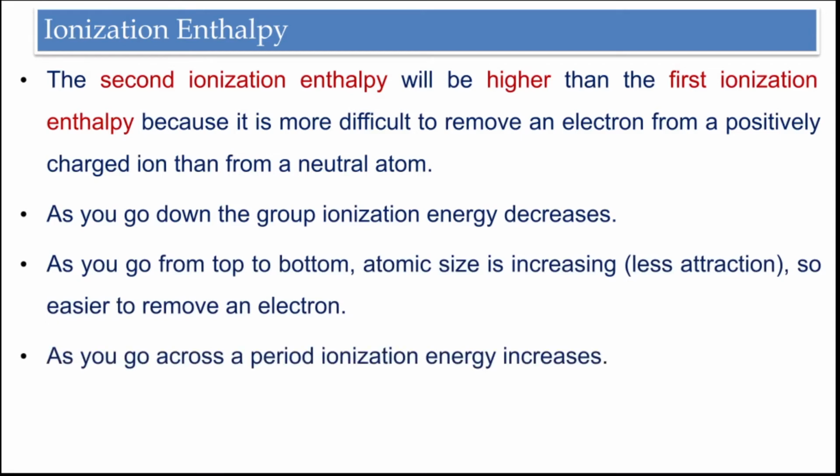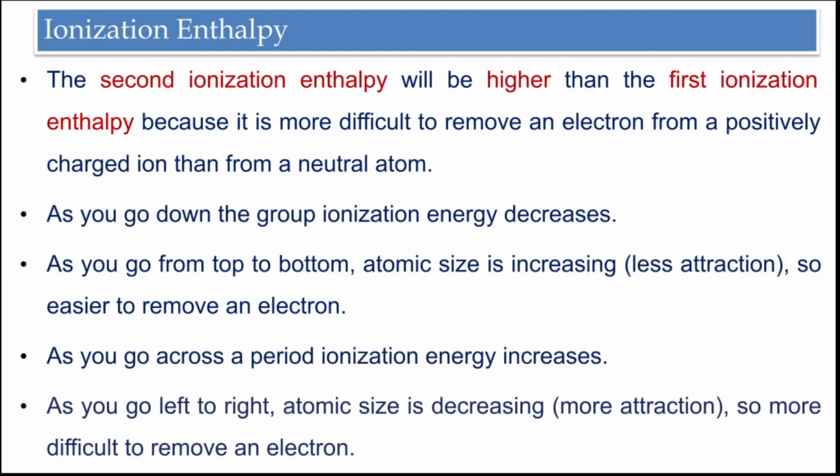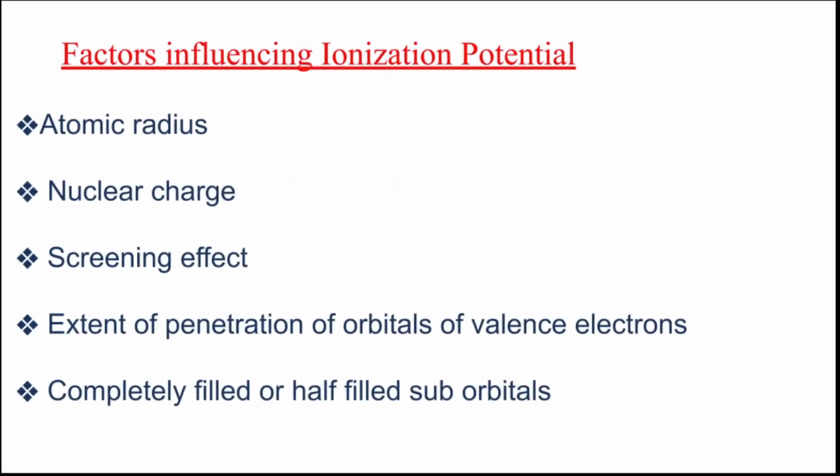As you go across the period, ionization energy increases. As you go left to right, atomic size is decreasing because of more attraction, so it is more difficult to remove an electron. So ionization energy will increase in a period. Now let us see some factors that influence the ionization potential.